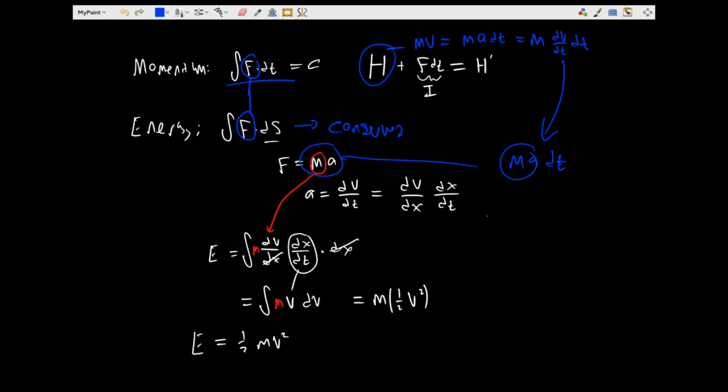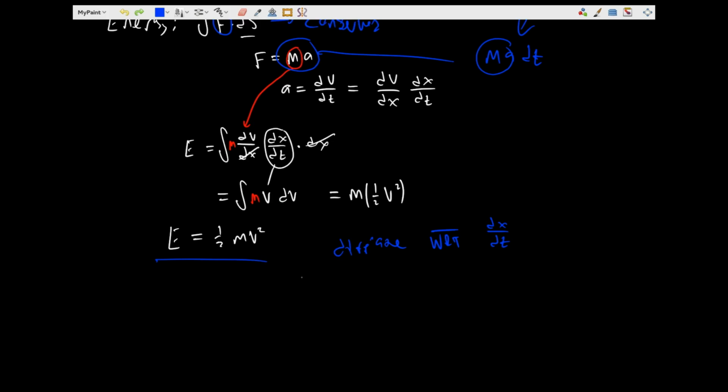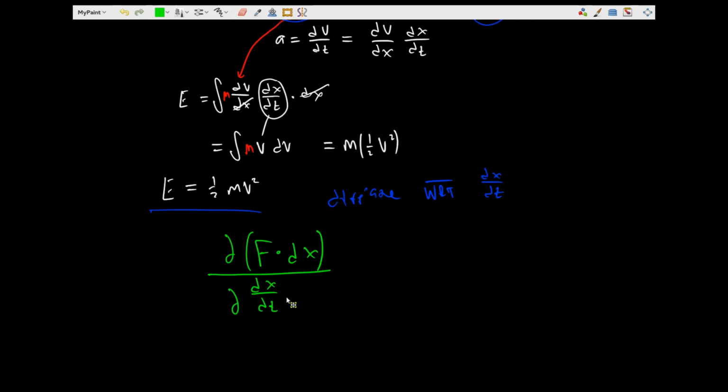So essentially, energy is going to be more of an integrated form of momentum. So if we differentiate our energy with respect to dx by dt, then we essentially have, I'll do this one in green, f dot dx, and since we're differentiating with respect to dx by dt, it is the differential of this with respect to the differential of this.